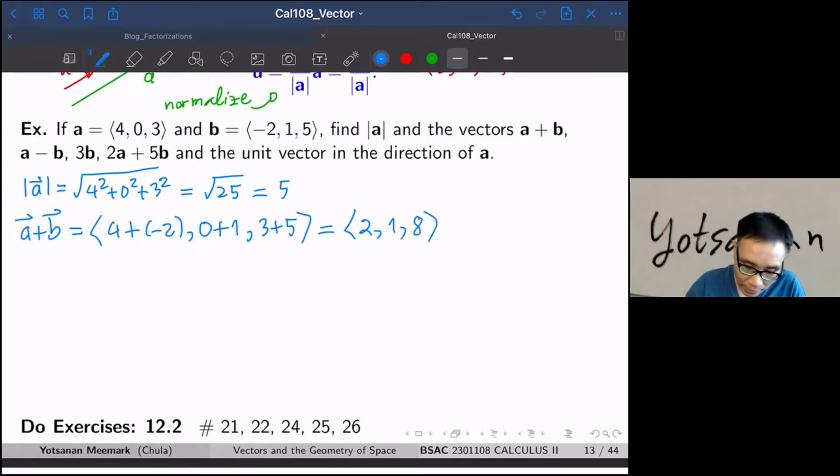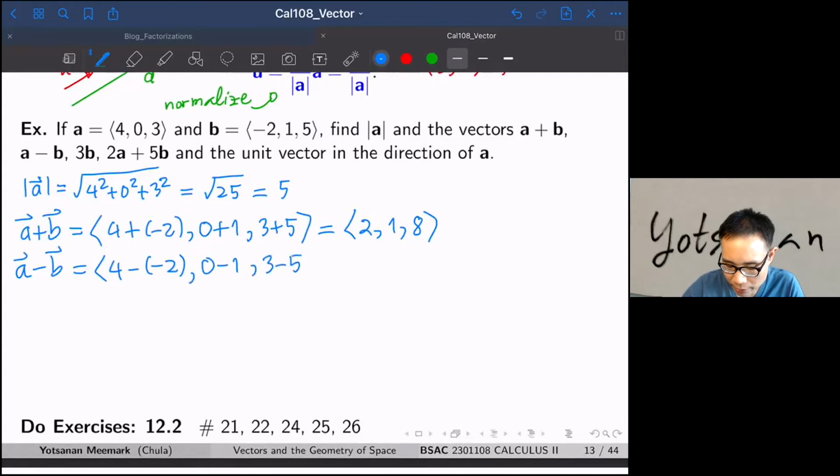And A minus B is 4 minus negative 2, 0 minus 1, 3 minus 5, so it's going to be <6, -1, -2>.